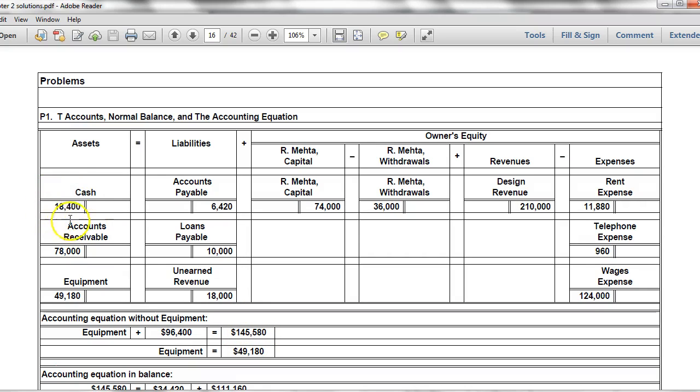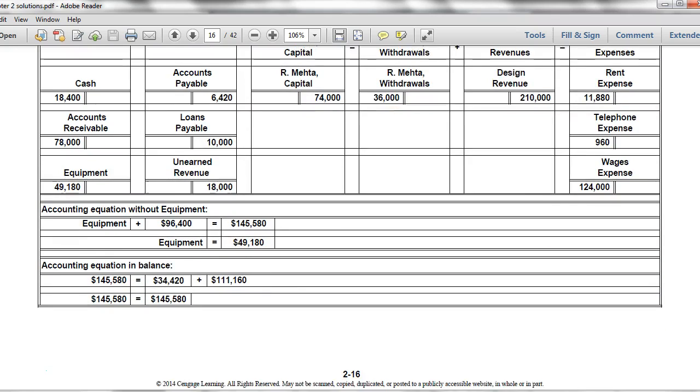We know our cash is $18,400. Our accounts receivable are $78,000. Don't we add those together and subtract from $145,580, and that's got to be our equipment? So our equipment has to be $49,180 because assets equal liabilities plus owner's equity. Does that make sense, guys?